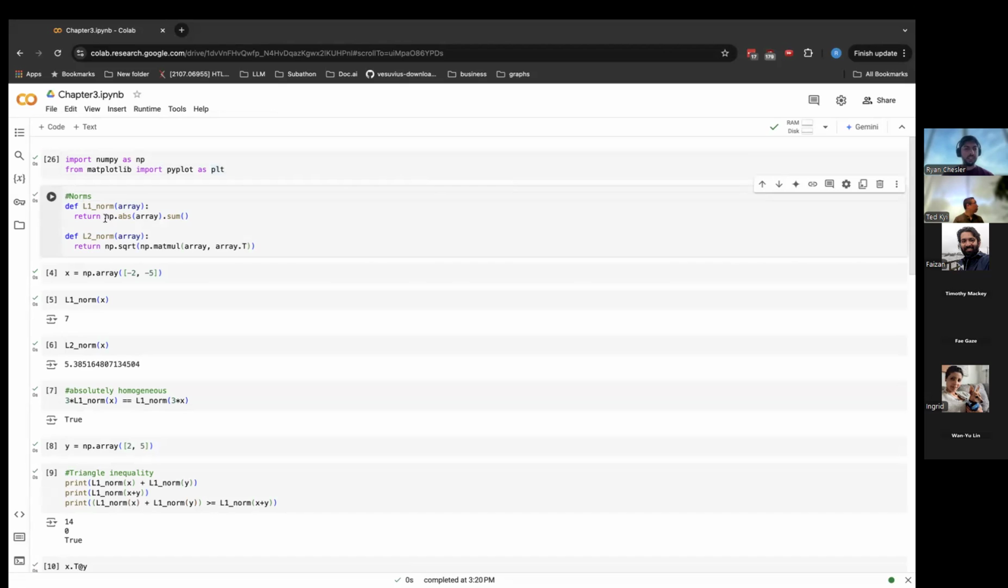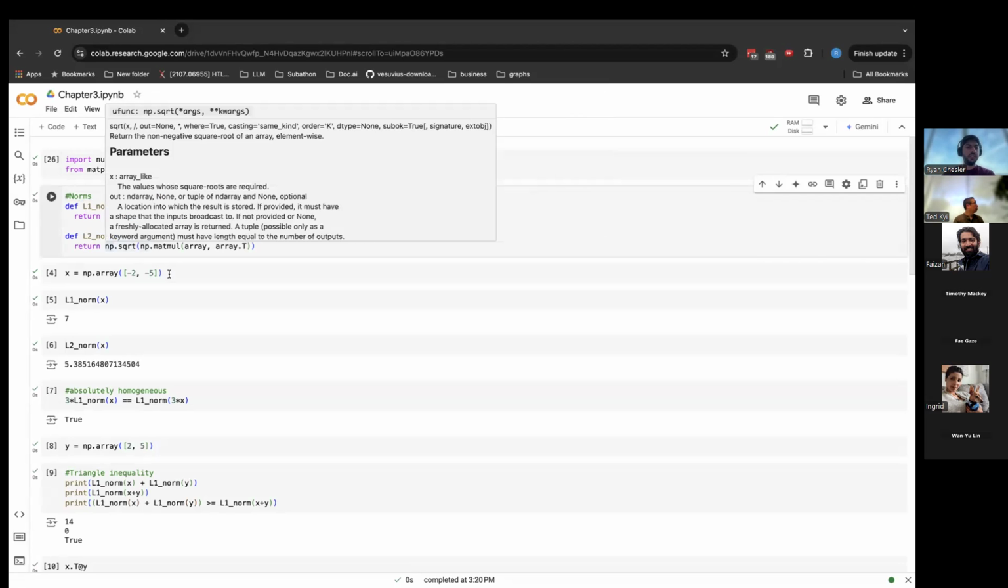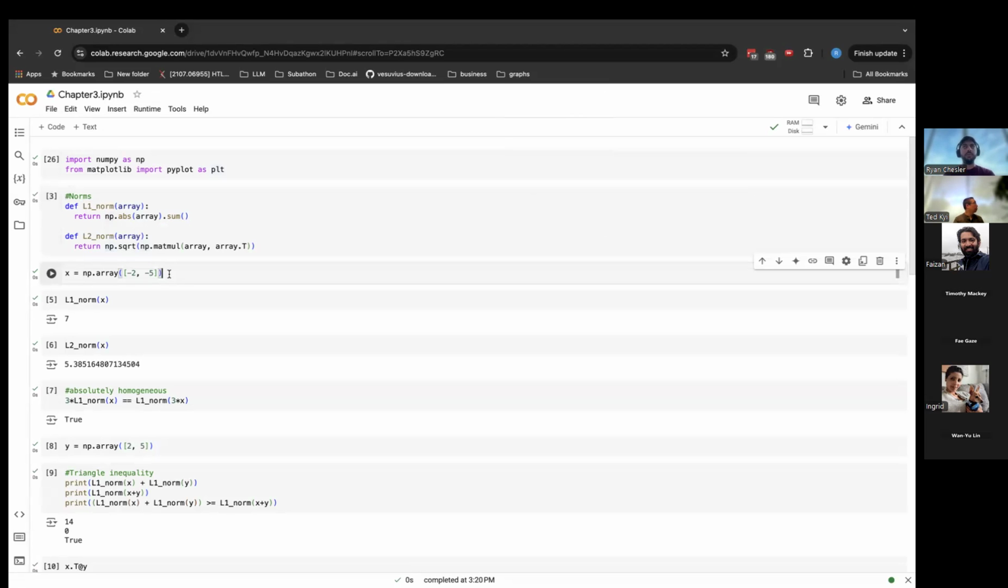NumPy already has these built in, but I tried to do this more manually, showing the nuts and bolts rather than just calling a function. I've defined the L1 norm as the sum of the absolute values of the array, and the L2 norm as the matrix multiply of the array and its transpose, and then the square root of it. I can use these two functions throughout the rest of the notebook.